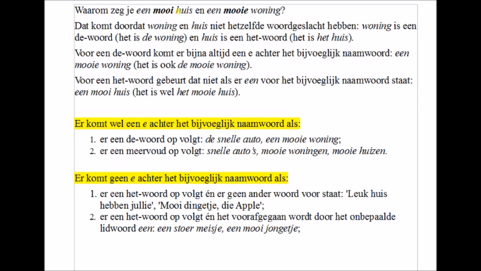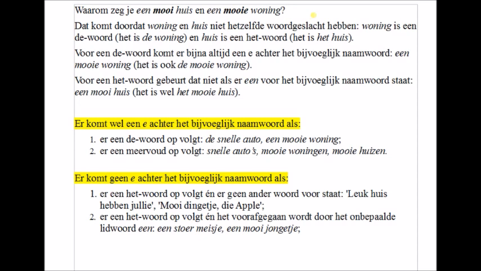We have het and de: het huis, de woning. When it's het, we don't add an e. When it's de, we add this e. So here both of them are "een", but "huis" is a het word and "woning" is a de word.